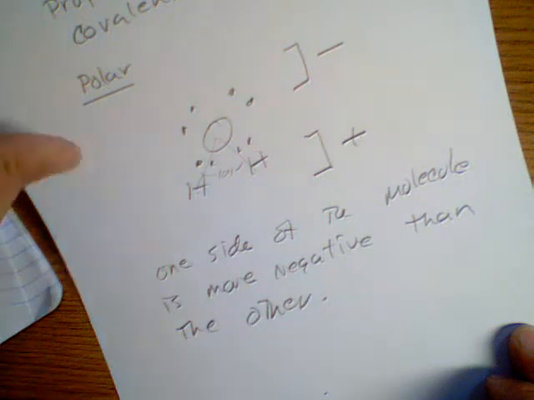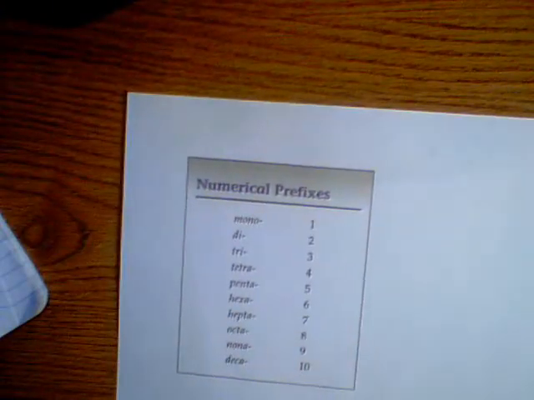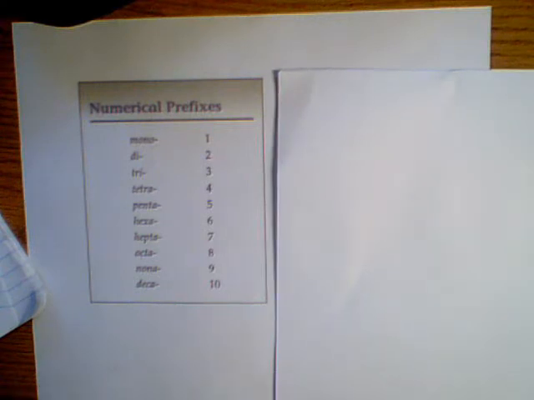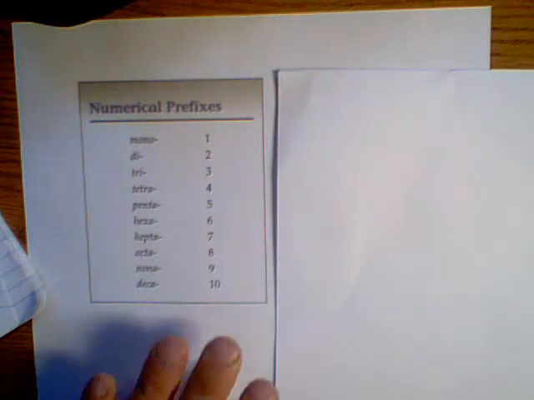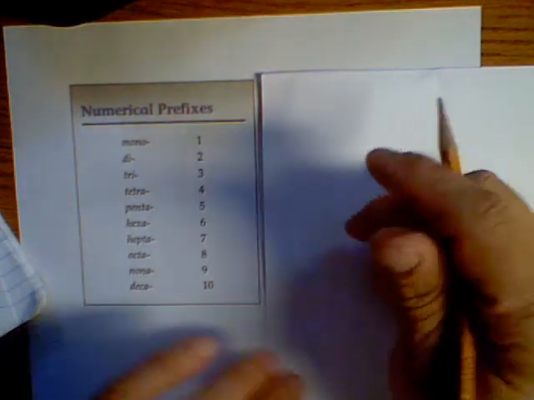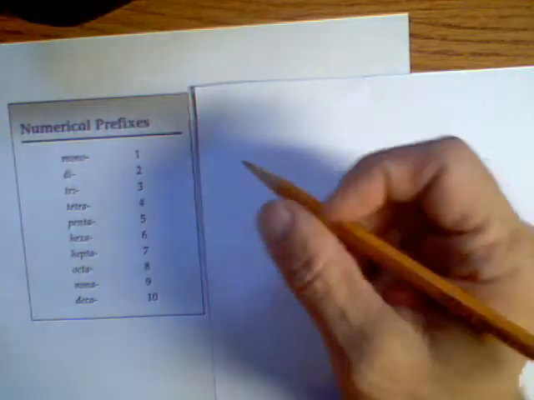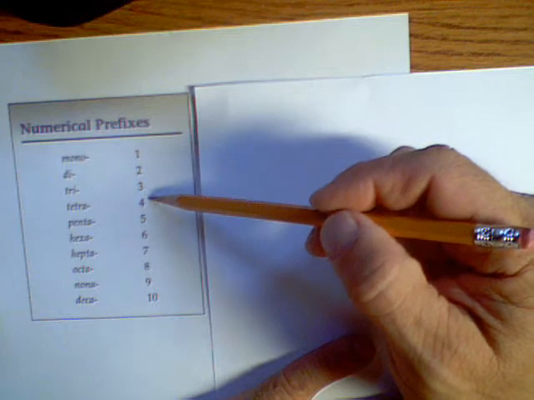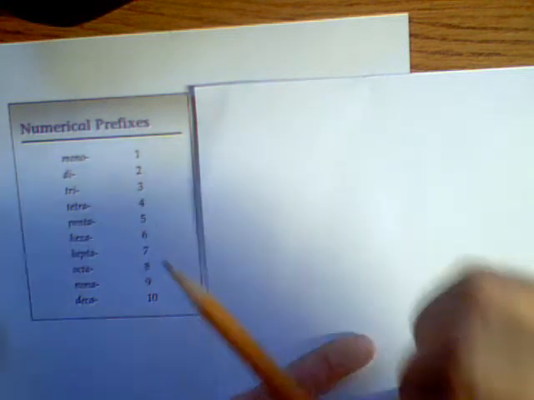All right. Now, what we also want to be able to do is name covalent bonds and covalent molecules. And in so doing, we need to be able to use these prefixes: mono, di, tri, tetra is 4, penta is 5.